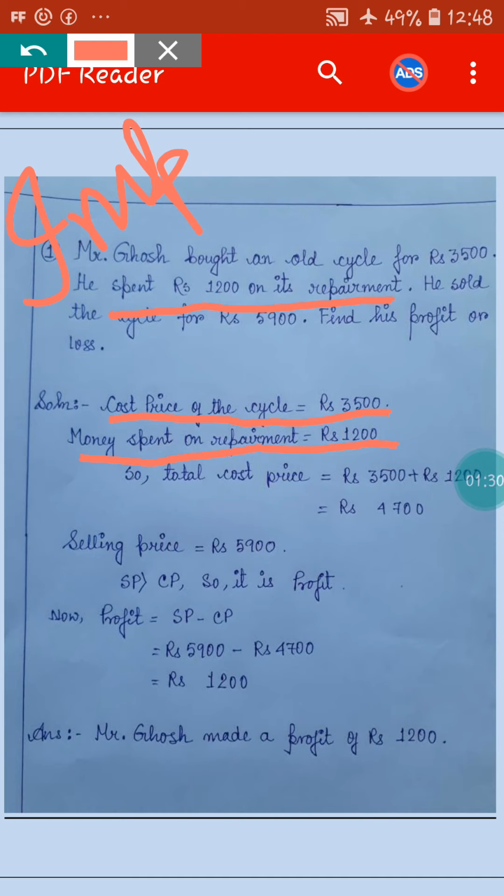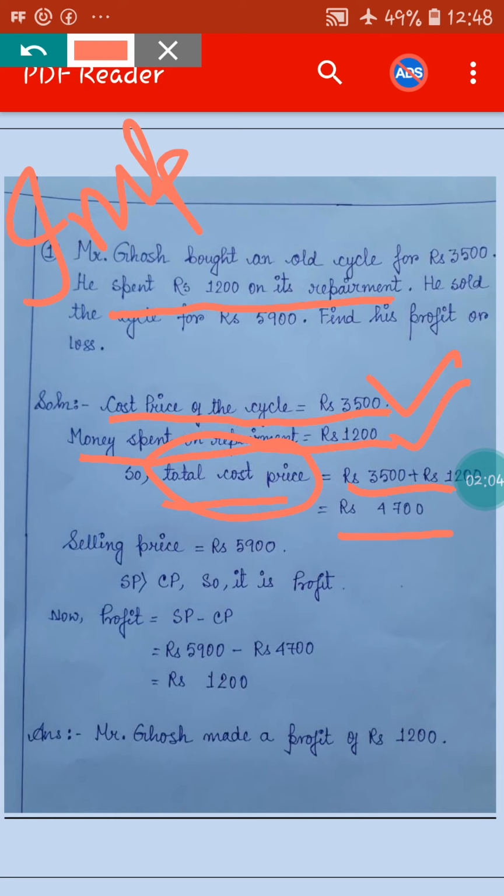So, the cost price by which Mr. Ghosh bought the cycle and the amount that Mr. Ghosh spent on its repairment, both amounts will be in his cost price. So, the total cost price equals to rupees 3,500 plus rupees 1,200, that is rupees 4,700. Why have we found the total cost price here?